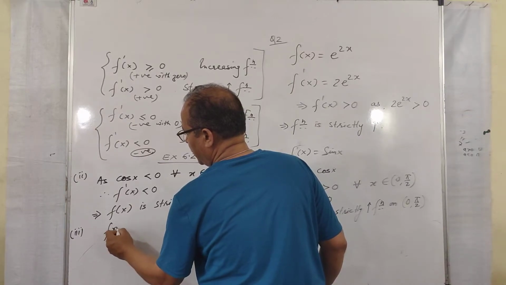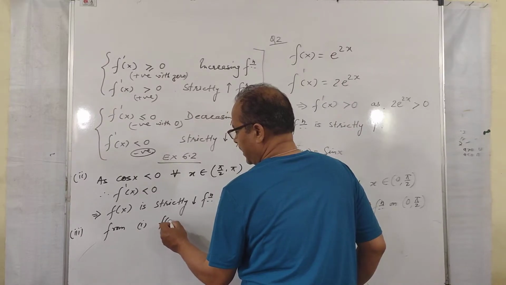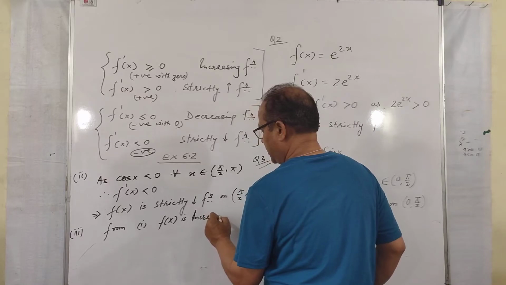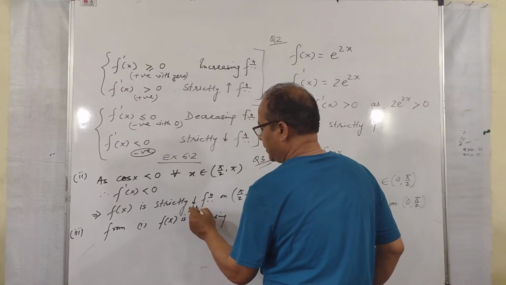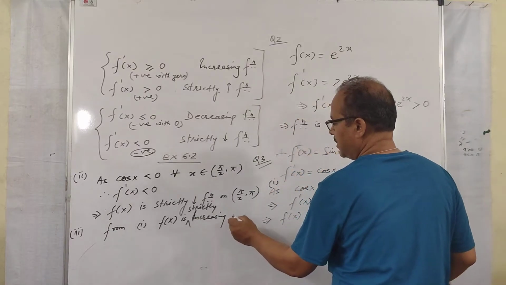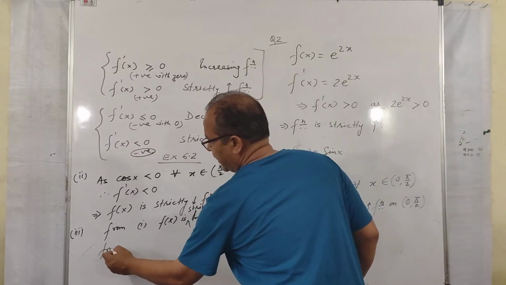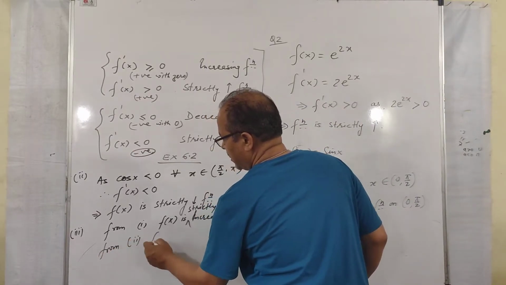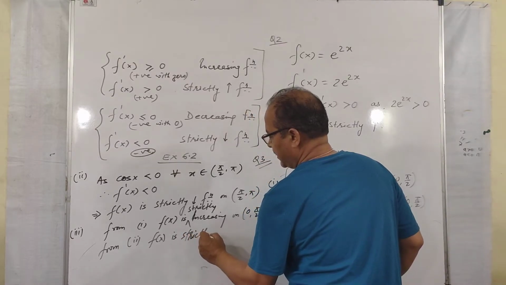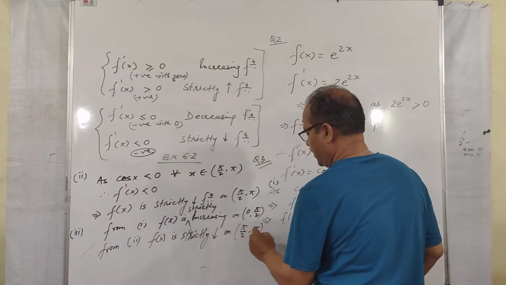So from first, f x is strictly increasing on 0 to pi by 2, and from second, f x is strictly decreasing on pi by 2 to pi.